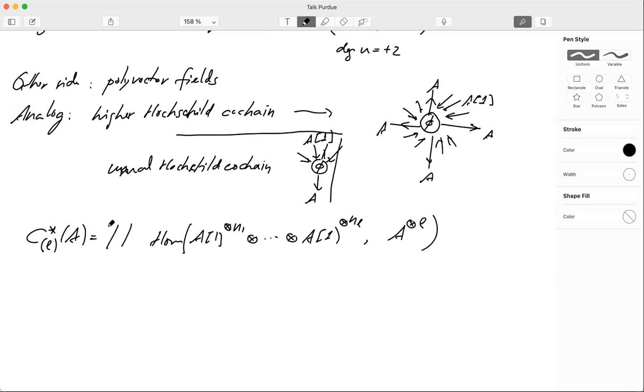And then you take a product of all these things over all possible N1 through NL. So I'm just gathering all these vertices by the number of outputs and adding some appropriate shifts. And this thing has a Z mod L action that rotates the vertex.